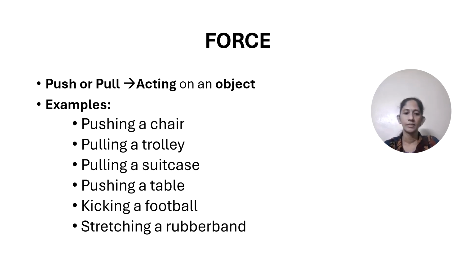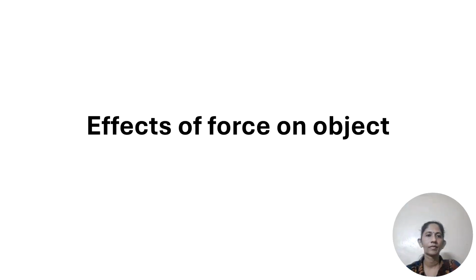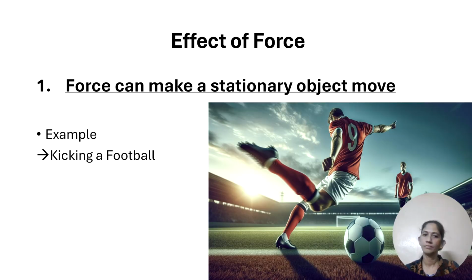Okay. So, next, effects of force on an object. When you apply a force on an object, some effects or changes happen. Shall we look into that? So the first point is force can make a stationary object move. A stationary object means an object which is at rest.